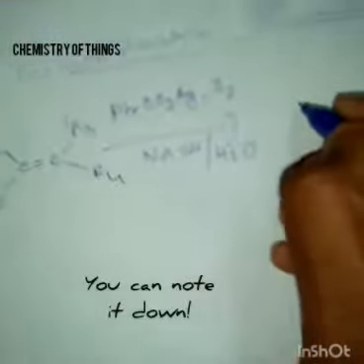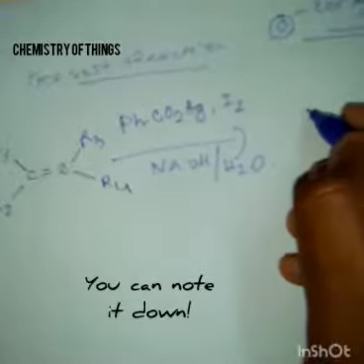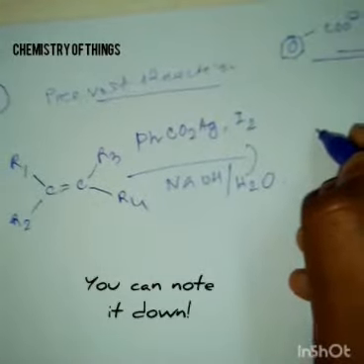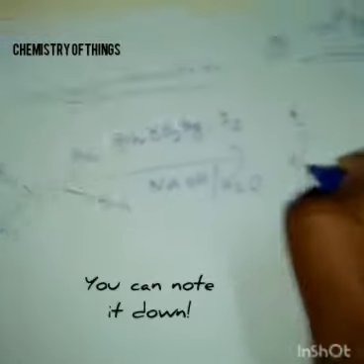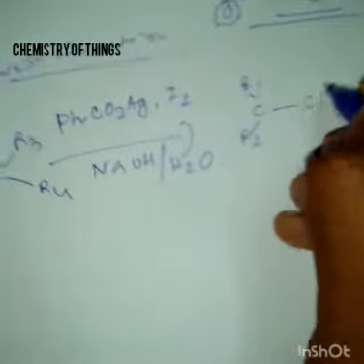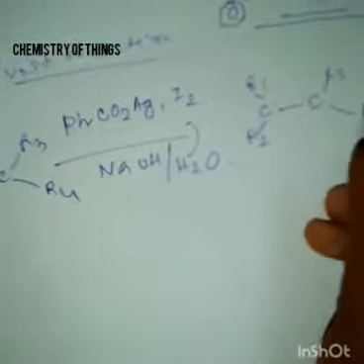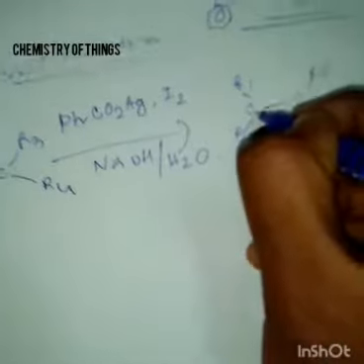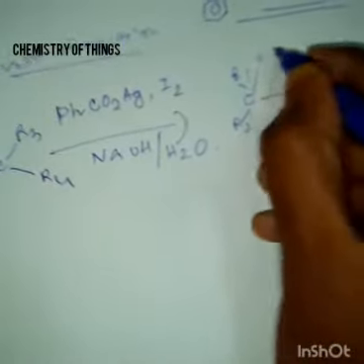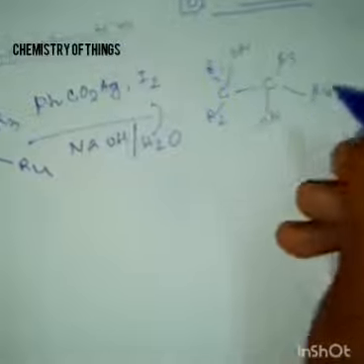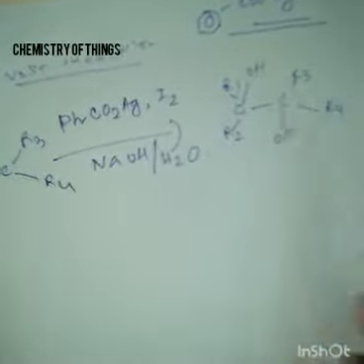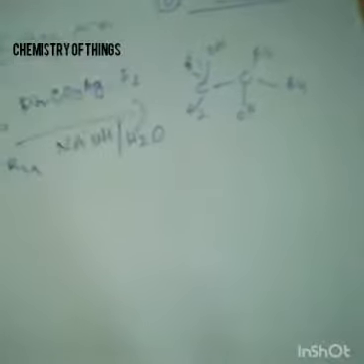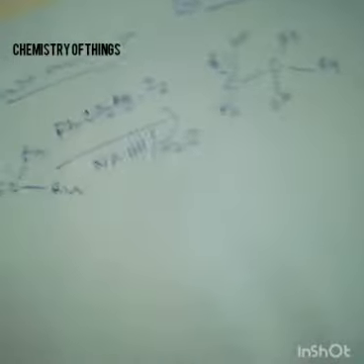So what we have is a carbon with R1, R2, R3, same as we had earlier. Notice that the OH groups are attached in different directions. That means there is a trans addition out here.